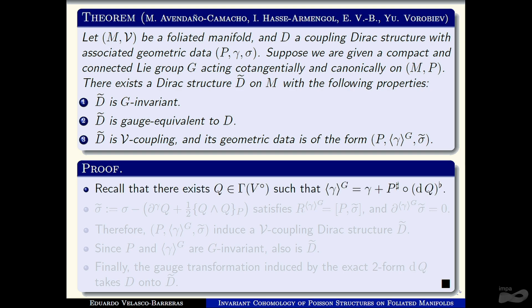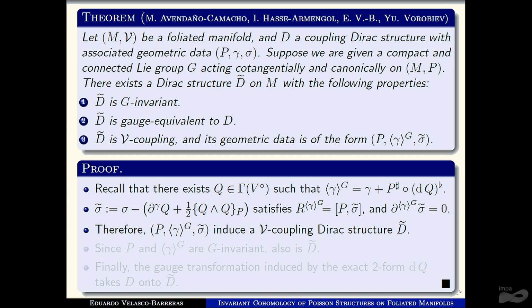So recall that by our previous result, the Hannay-Berry connection is related to the original one by some Q. Then if we use this Q and compute sigma tilde by this formula, then we have this curvature identity and this fact. So we have the curvature identity and the covariantly constant property. This is again a Poisson connection. So this triple defines, or induces, a coupling Dirac structure.